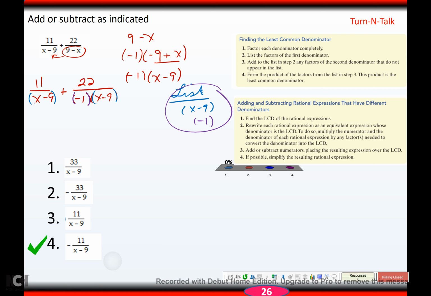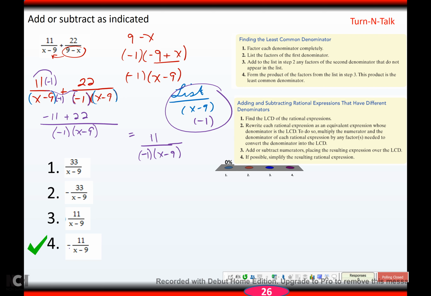This one has the x minus 9, he's missing the -1, so I got to multiply the top and the bottom by -1. Now they look alike, so my denominator is -1 times x minus 9, and on top I have -11 plus 22. Subtract on top, I get positive 11 over -1 times x minus 9.